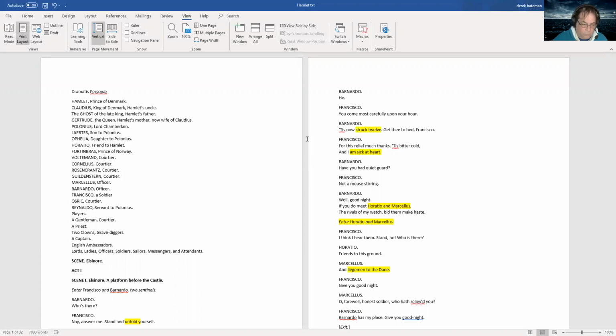Okay. So of course, after we look at the title, we look at the dramatis personae, the list of characters. And as we did with Merchant of Venice, and to some extent with Fences, we will often come back and look at this list, because when characters are going to be introduced, often we're not going to know who they are.